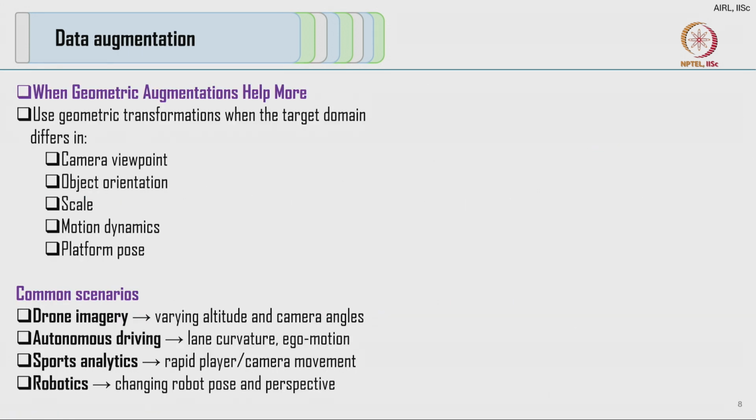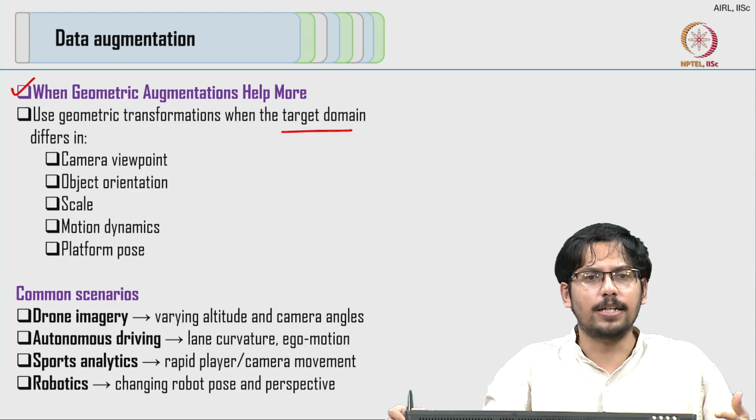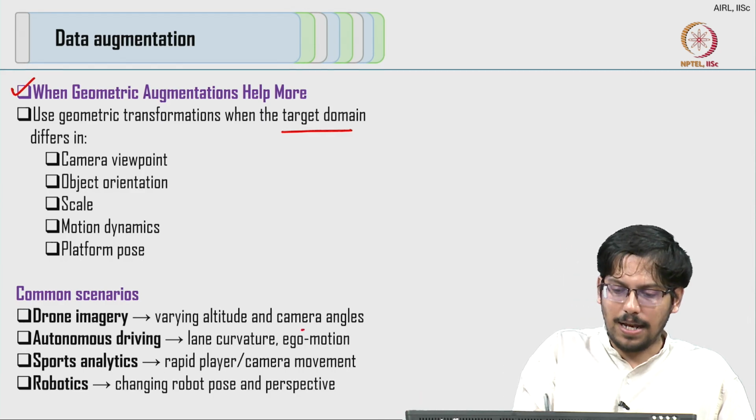Now, if we focus more on the geometric augmentations, they could be helpful when the target domain has different camera viewing angles, different object orientation, different scale and so on. Certain common scenarios could be, say, drone imagery, where the camera angle keeps changing.